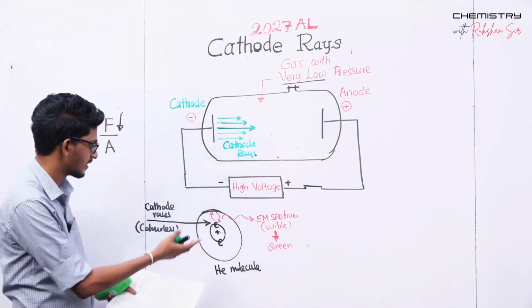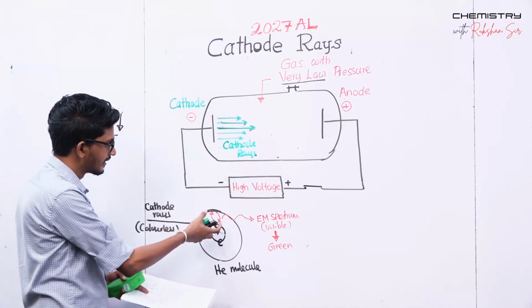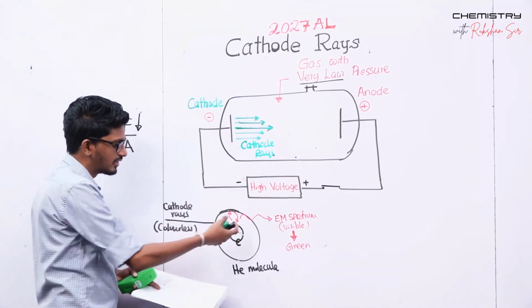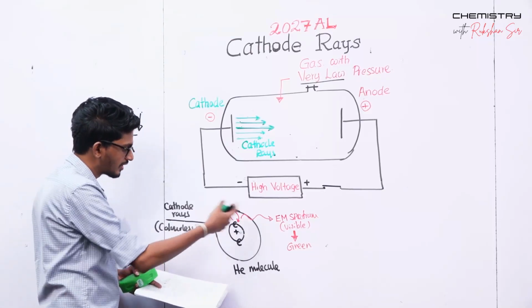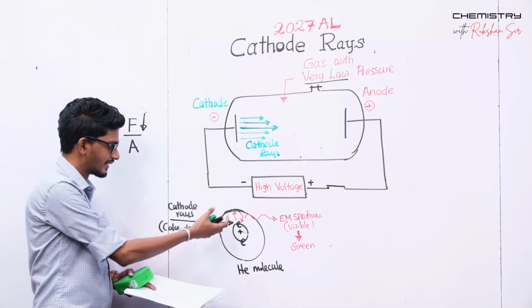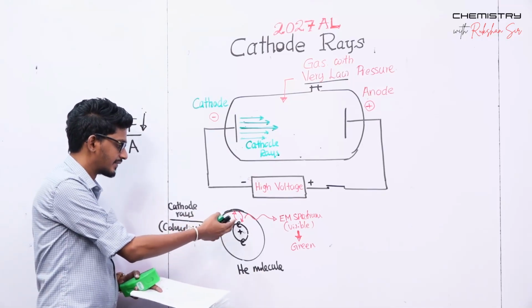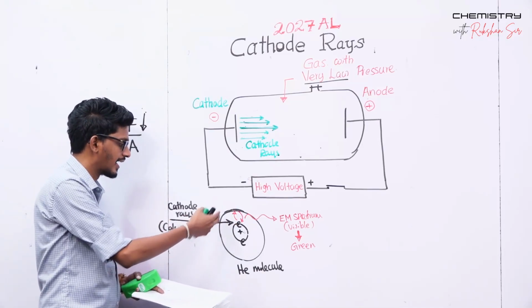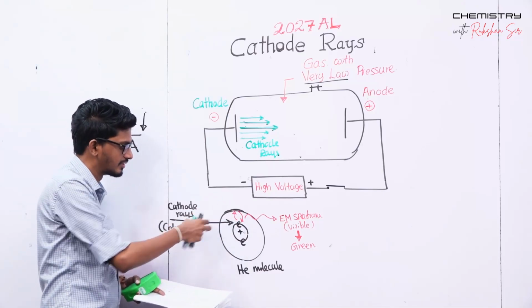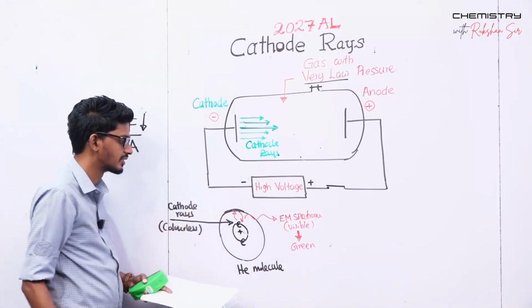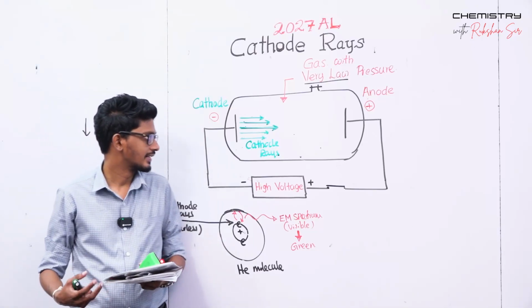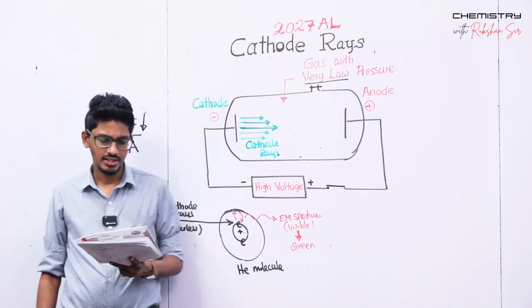Just like this, gas molecules inside the tube will emit some visible light, green color radiation, due to this process. When the cathode rays hit those gas molecules, the electrons will come to a high energy level, and when they come back to the lower energy levels, the absorbed energy will be re-emitted as visible radiation. That is how the cathode rays give you some colors.